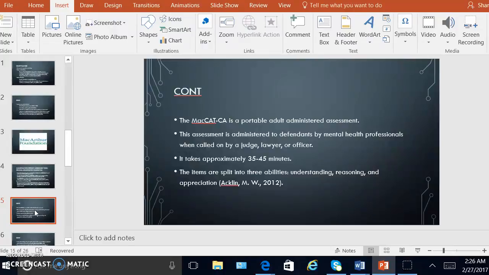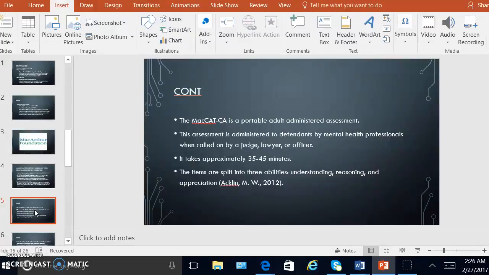It is a portable adult administered assessment, and it is administered by a mental health professional, whether it be a psychologist, psychiatric professional, neurologist, whoever comes. They bring the assessment with them, and they administer it to the defendant.